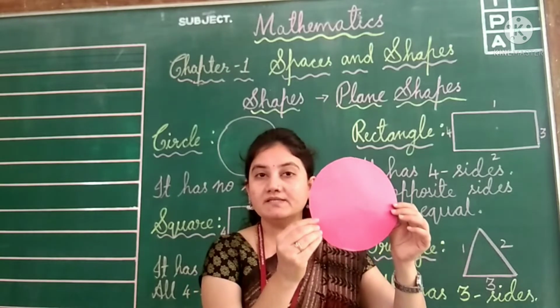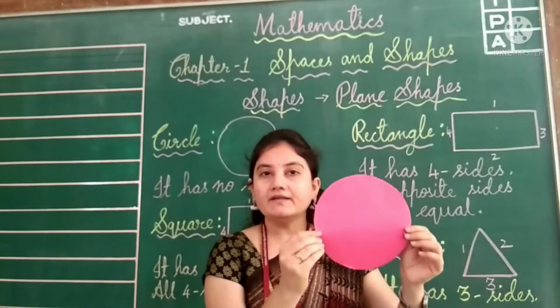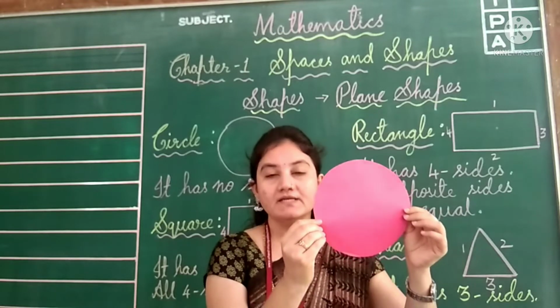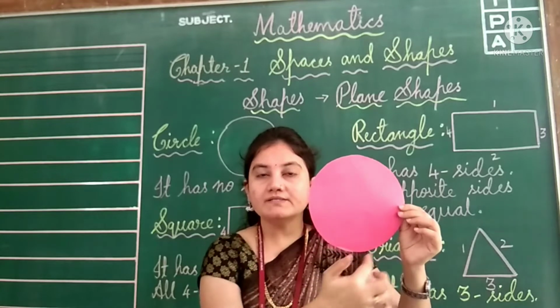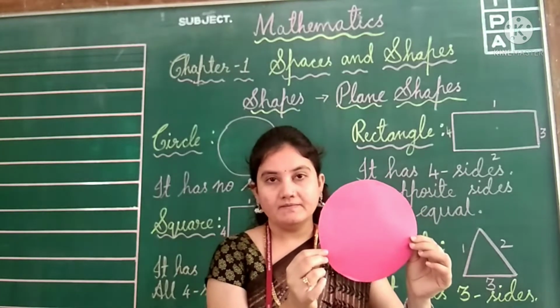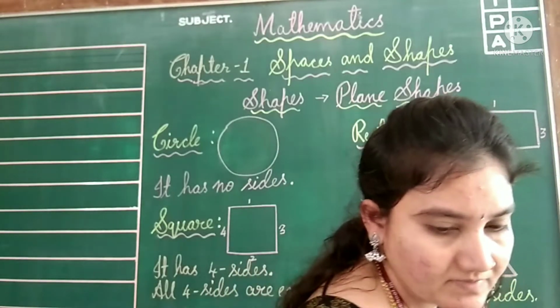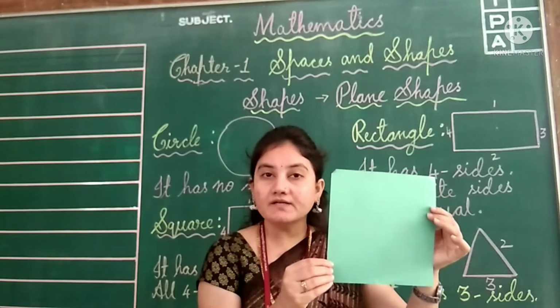Can you tell me what is this? Yes, this is circle. It has no sides. Isn't it, children? Are you able to see? It has no sides. So, this is circle. Next. What is this, children?